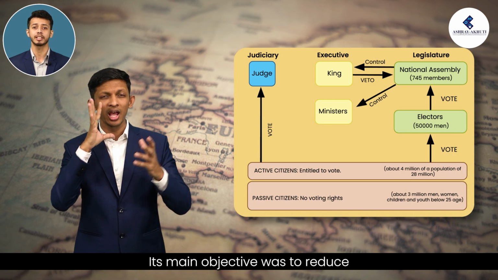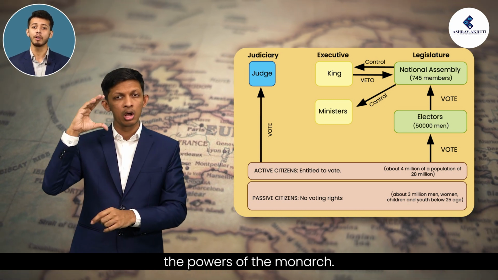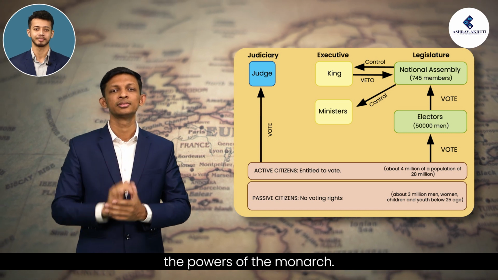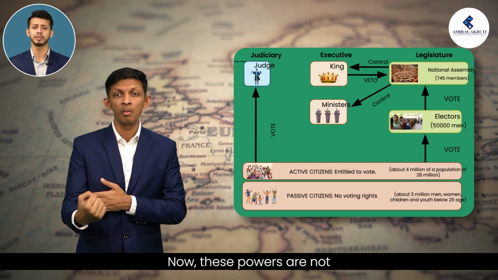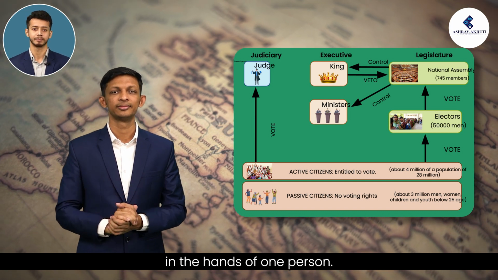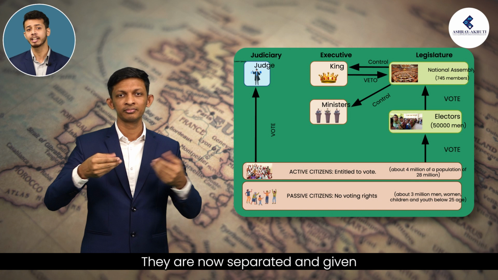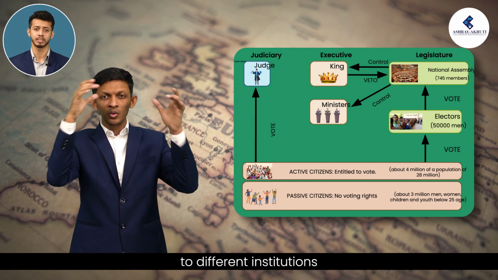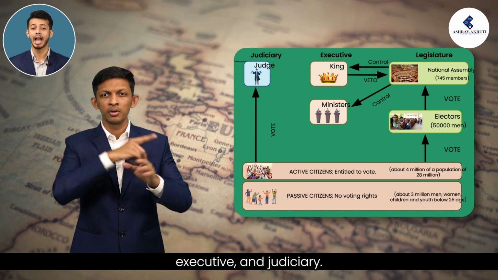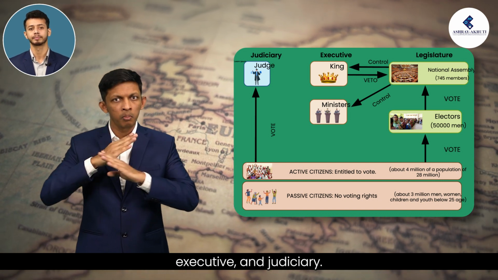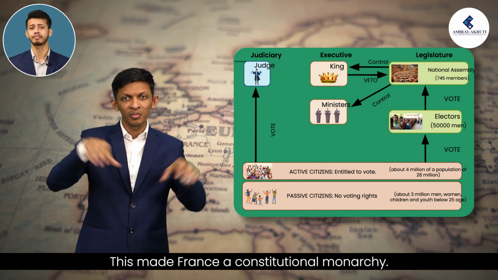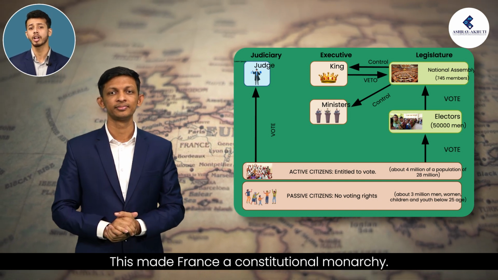Its main objective was to reduce the powers of the monarch. These powers were no longer in the hands of one person. They were separated and given to different institutions: the legislature, executive, and judiciary. This made France a constitutional monarchy.